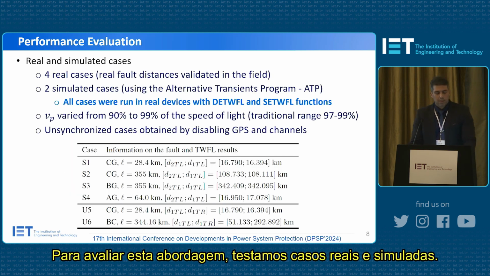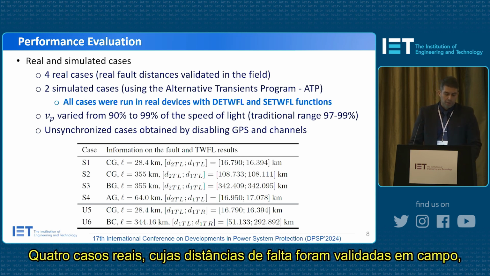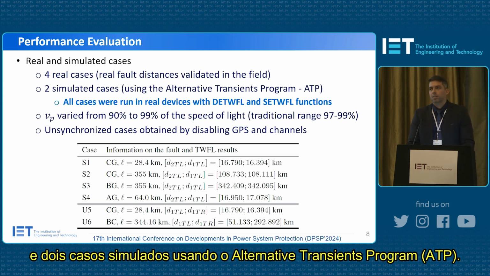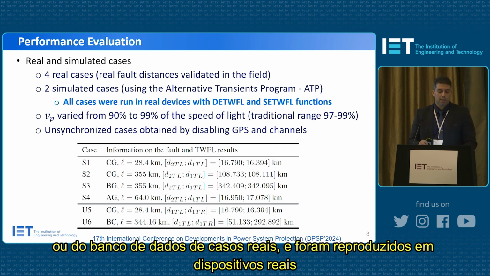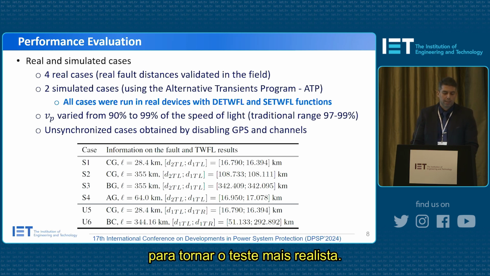To evaluate this approach, we tested real and simulated cases: 4 real cases in which the fault distances were validated in the field, and 2 simulated cases using the Alternative Transients Program. All the records were taken from the simulations or from the database of real cases, and they were played back in a real device to make the test more realistic.